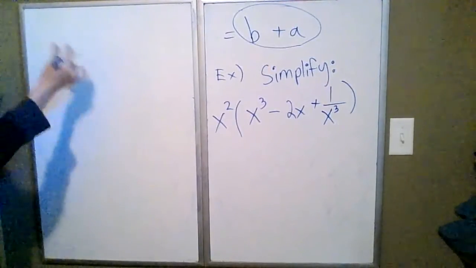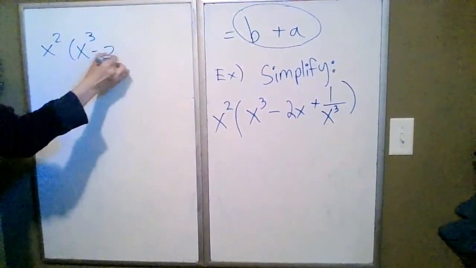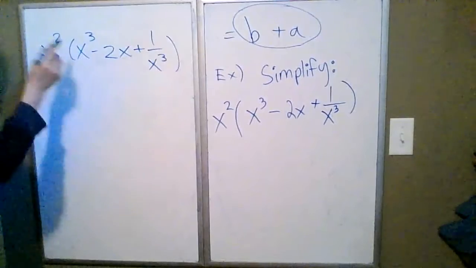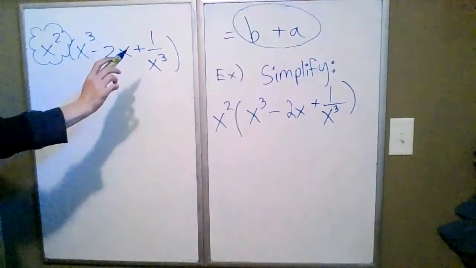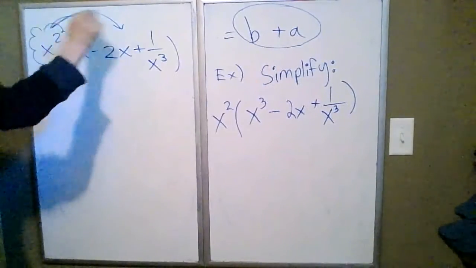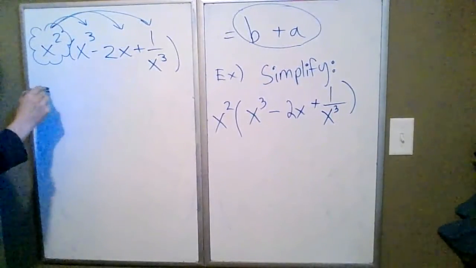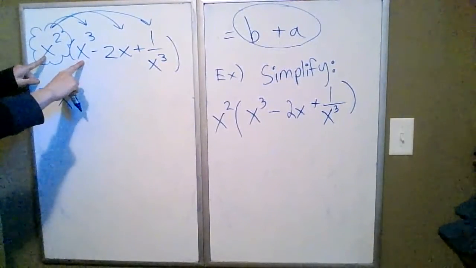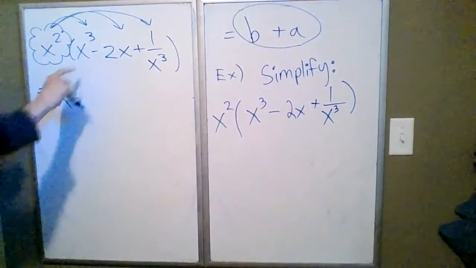Just going to copy down the expression. Take x squared and multiply it with a polynomial. You want to distribute that term to all of the terms inside the parentheses. X squared times x cubed is base x with a power of 2 plus 3.